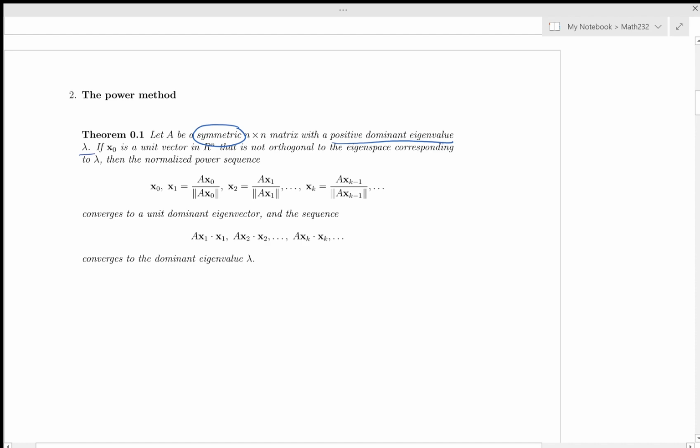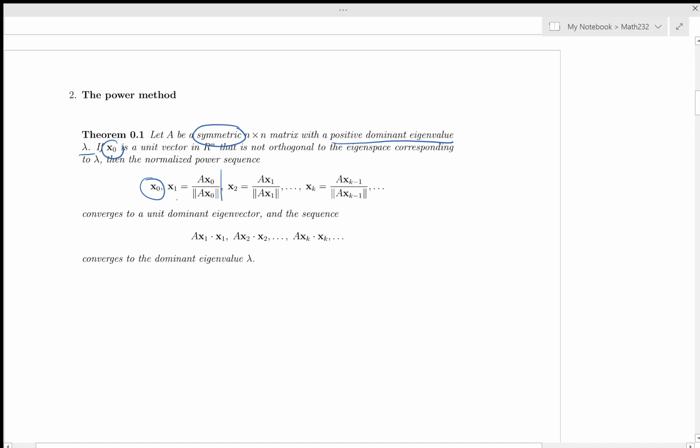Okay, and so then if we take a vector that's not orthogonal to the eigenspace corresponding to lambda, I'll mention more what that is later, and then we form this power sequence here. We start with this vector that we select, x naught, and then we form x1 from x naught in this manner.